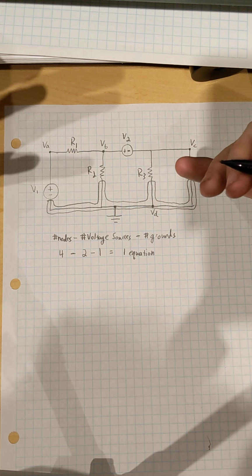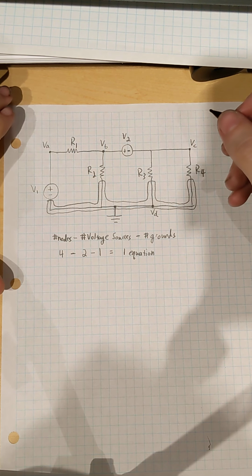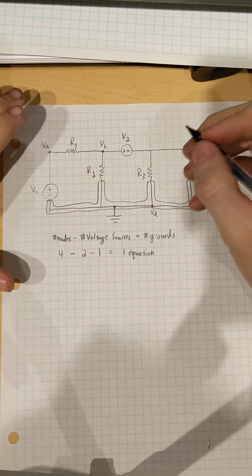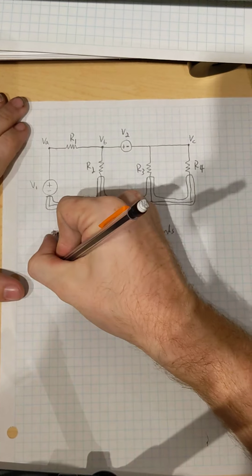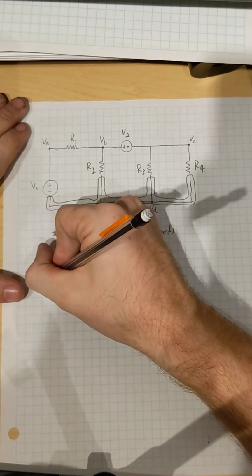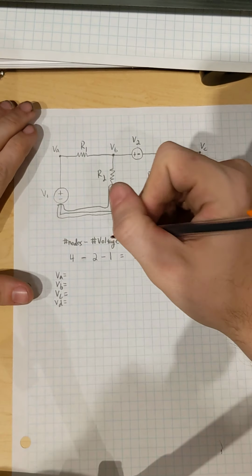So now that I know how many equations I'm going to use, I'm going to copy down each of these voltage sources. So I'll just put VA, VB, VC and VD.